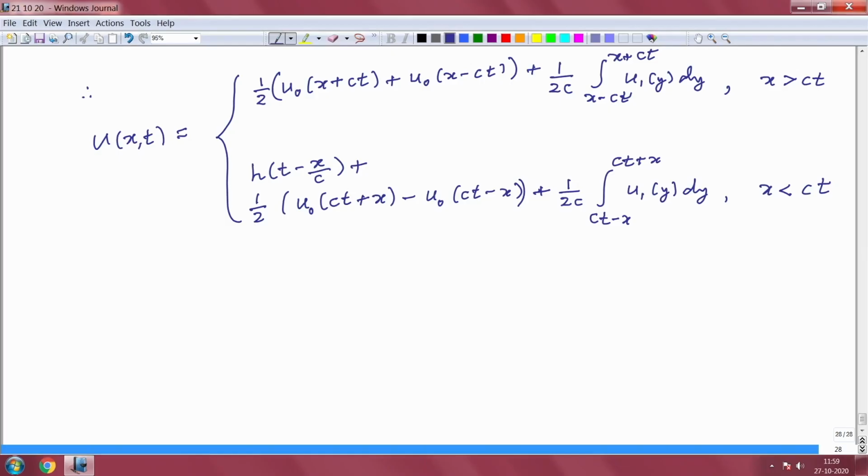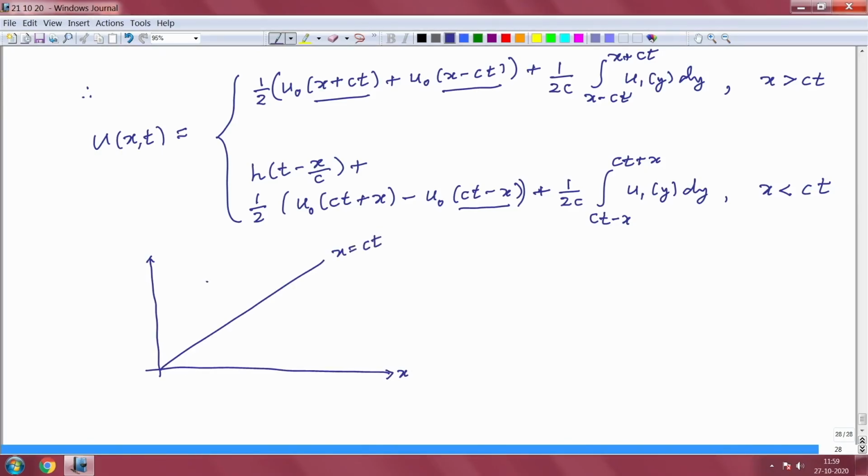So, that part is still missing, and before that, we understand what is this x minus ct and x plus ct, but what is this ct minus x? So, let me just geometrically show where that lies. This is when x is less than ct. So, again, x equal to ct. So, here is the point (x,t).